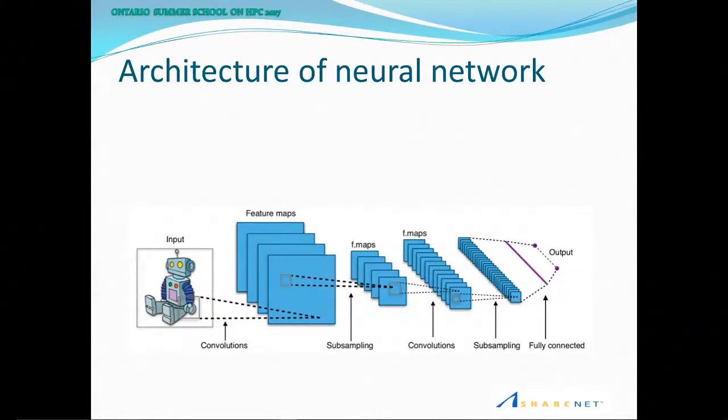You do the convolution, then pooling, rectification, and do another round of convolution and pooling, and then do the so-called fully connected layer. But you can have multiple of those, depending on the application and the performance you want to achieve.